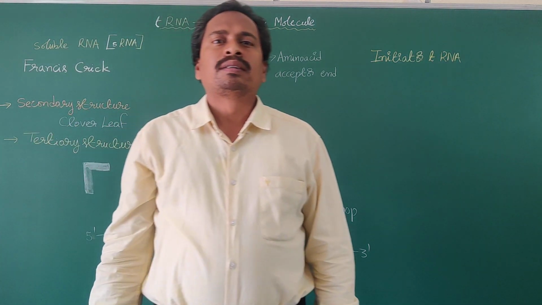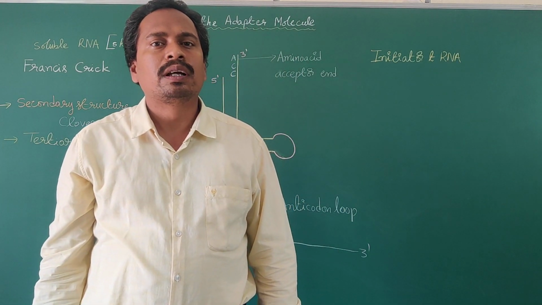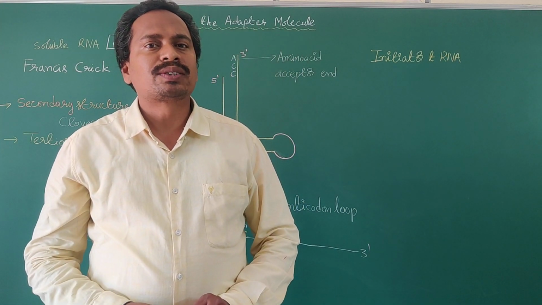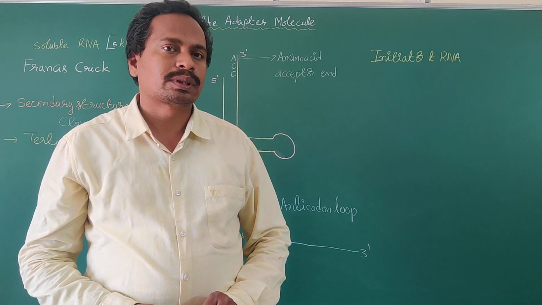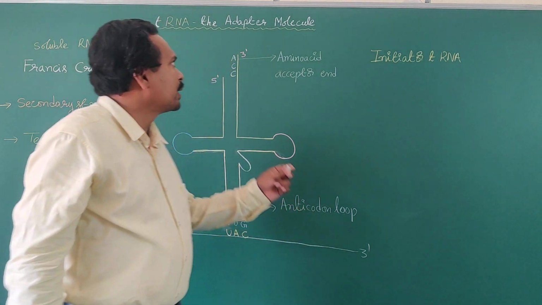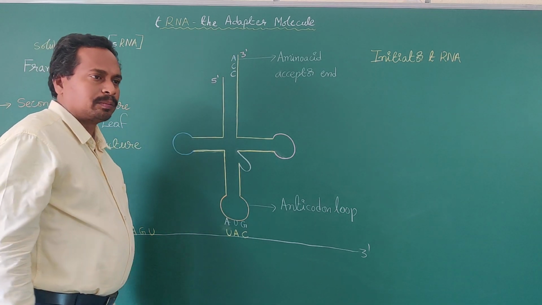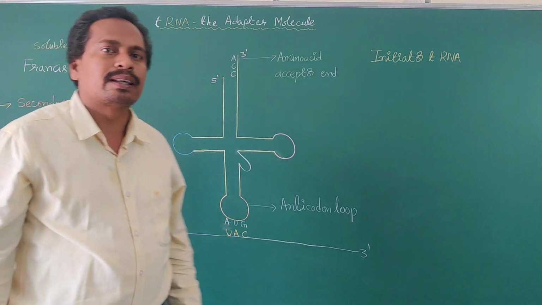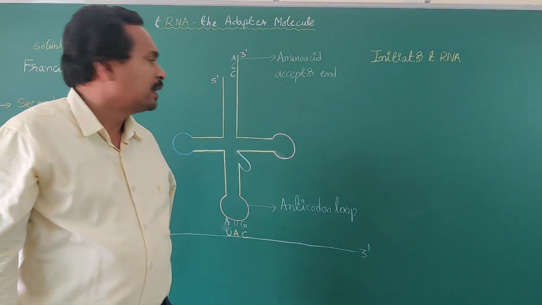Because this RNA molecule is involved in the transfer of the amino acids to ribosomes during protein synthesis. Hence, the tRNA molecule is known as the adapter molecule because it transfers the amino acids to the ribosomes. Okay, is it clear?